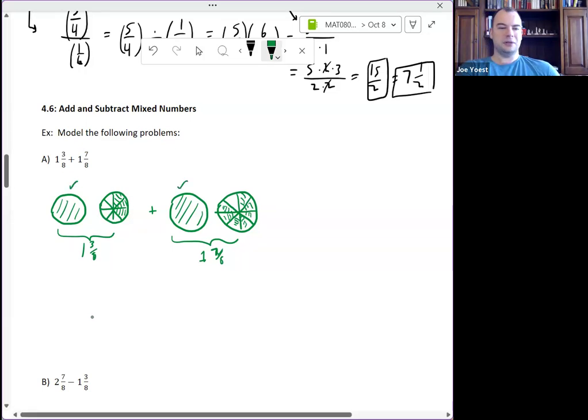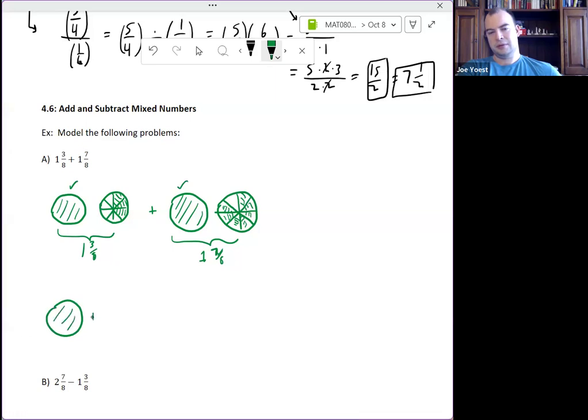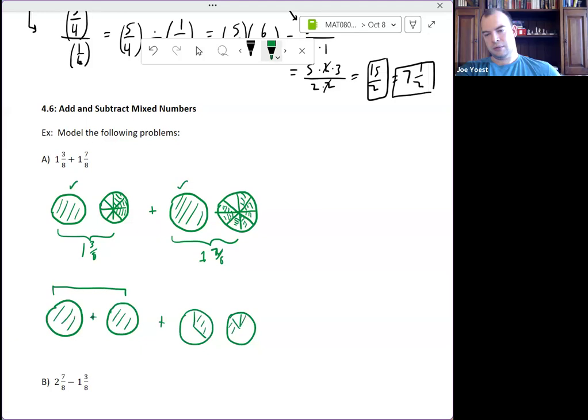Well, I can split out the wholes. I can split those off and then add up the fractional bits, which I'm just going to draw schematically like this.